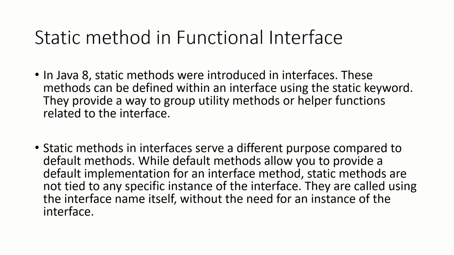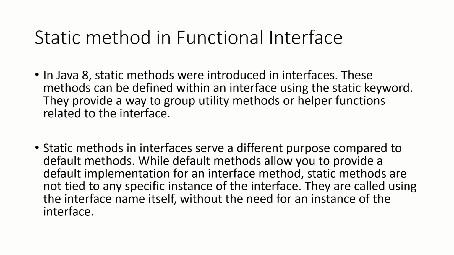The static methods in interfaces serve a different purpose compared to the default methods. While default methods allow you to provide a default implementation for an interface method, static methods are not tied to any specific instance of the interface. So this is the key difference between the static and the default method in the functional interface.